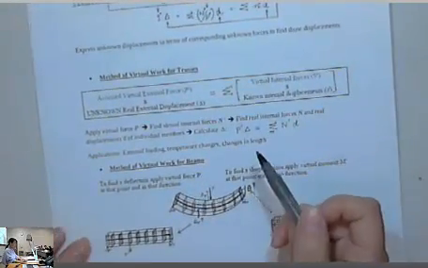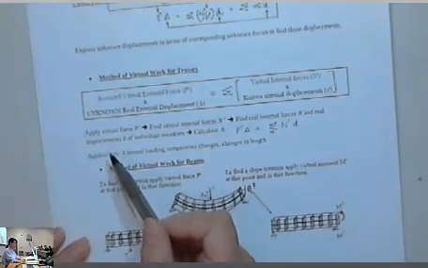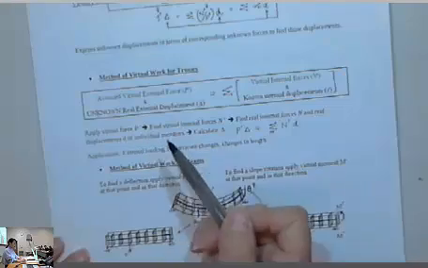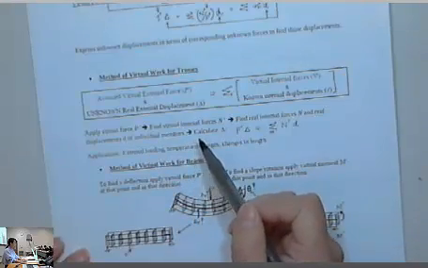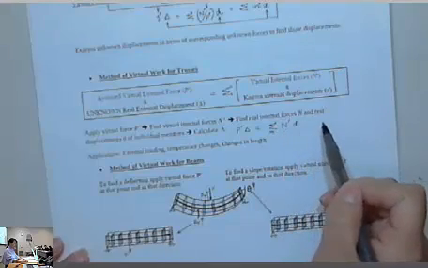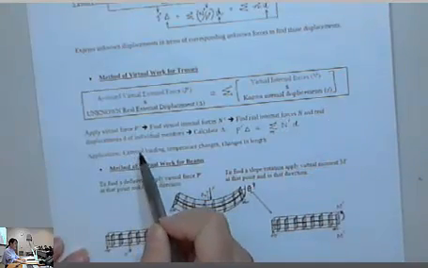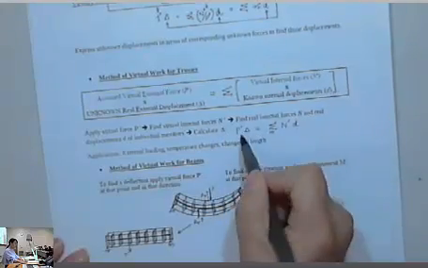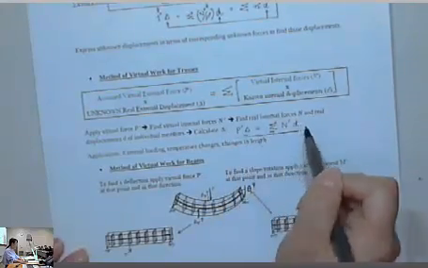So for truss problems, you can just first apply a virtual force at any point of interest, and then find out the virtual internal forces of each member, and then find the real internal forces and real displacement of the individual members, and finally we can solve the delta using this equation.